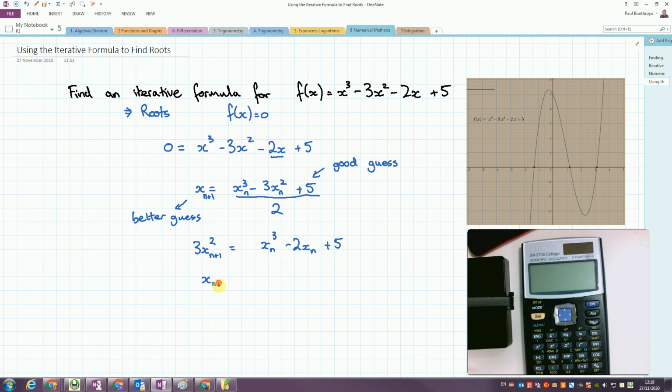Let's rearrange it. x(n+1) is all of this minus 2xn plus 5, all divided by 3, and all square rooted. So you can see the effect.